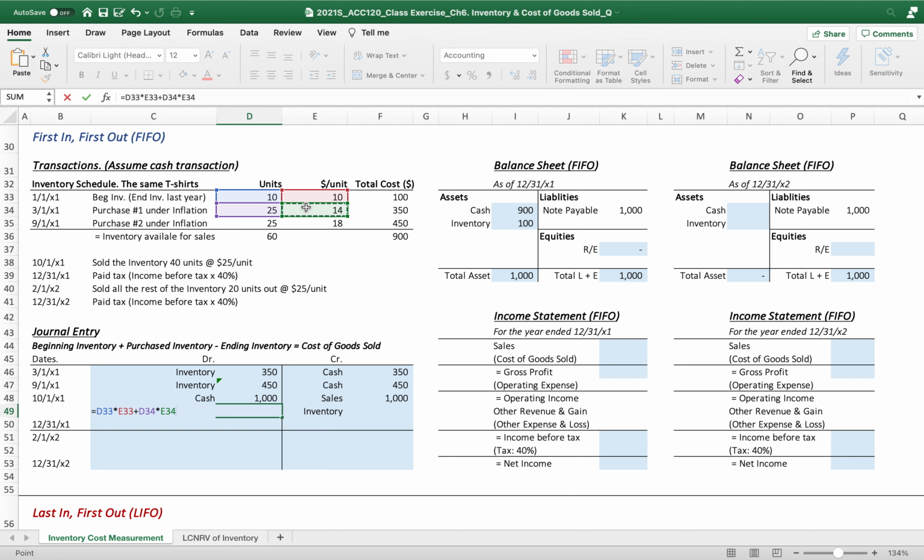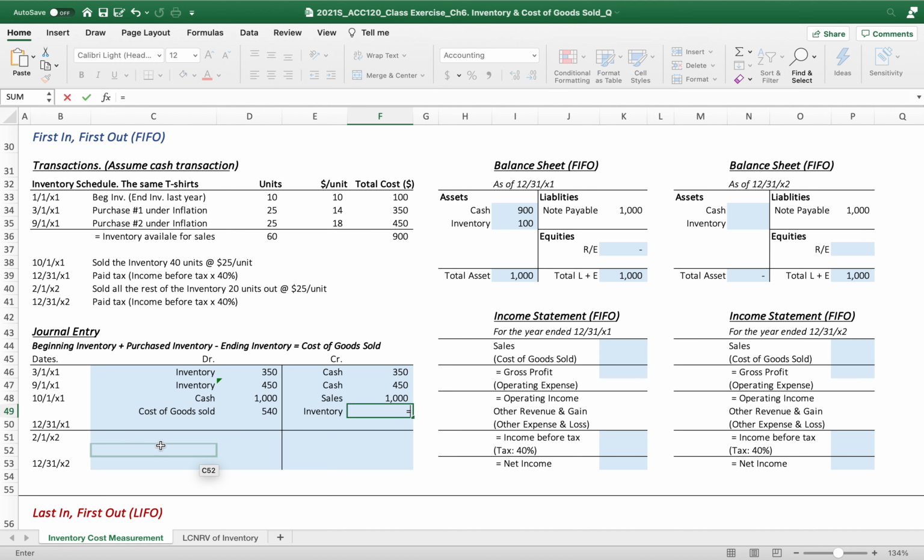Total number of units sold was 40 units October 1st, right? So now out of the 25 last purchased, 5 units times $18 per unit. Is that correct? So the cost of goods sold is now 540.